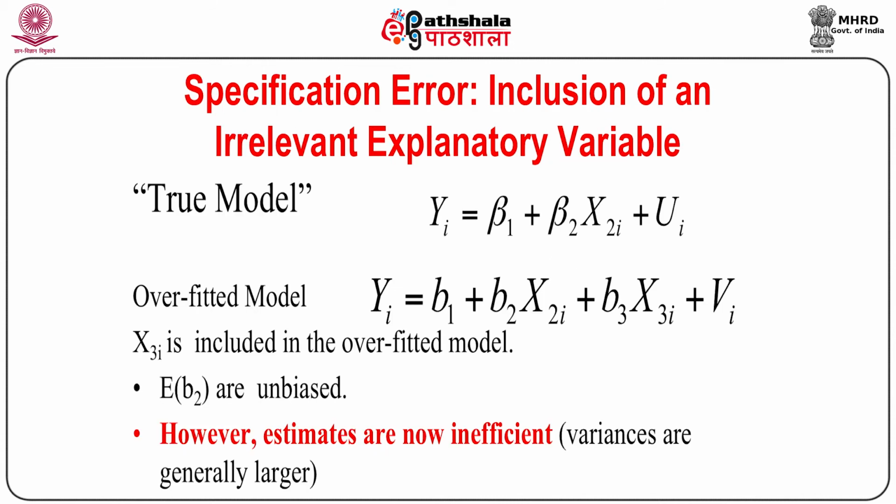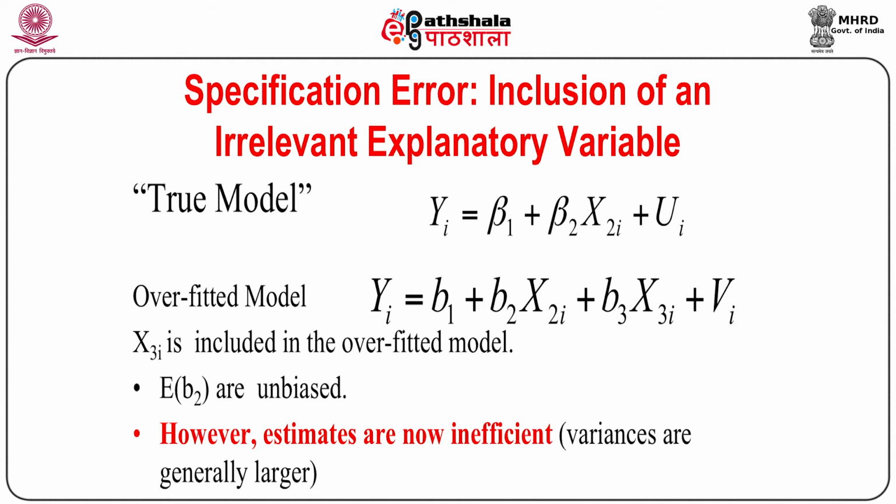Now, in the next step, let us discuss the concept of inclusion of an irrelevant explanatory variable. Suppose the true model is yi equal to beta 1 plus beta 2 x2i plus ui, but we have included an additional variable x3i into the model and estimated the model yi equal to b1 plus b2 x2i plus b3 x3i plus vi, where x3i is included in the overfitted model.